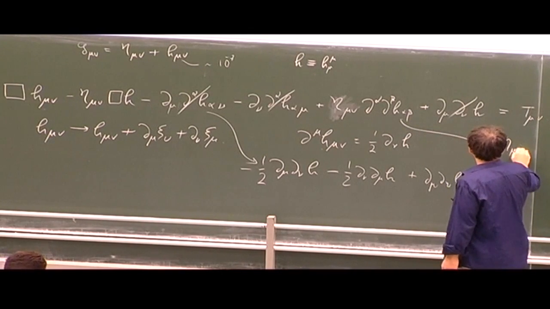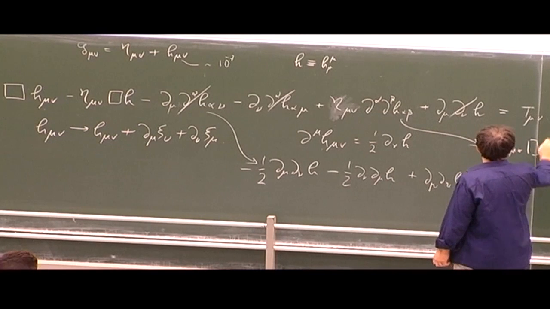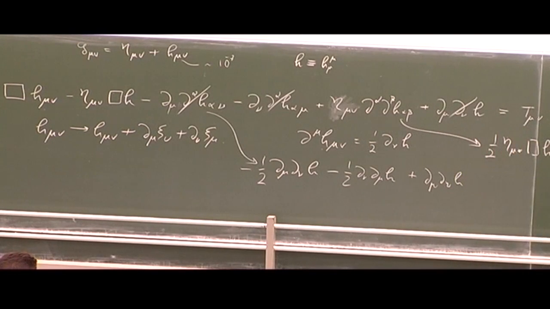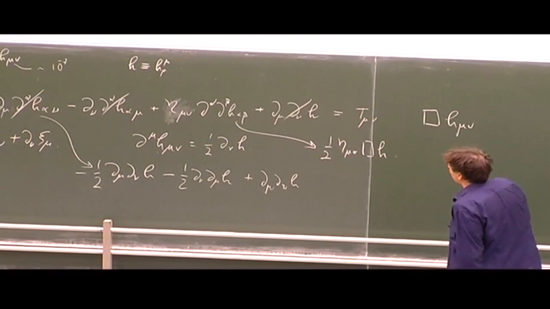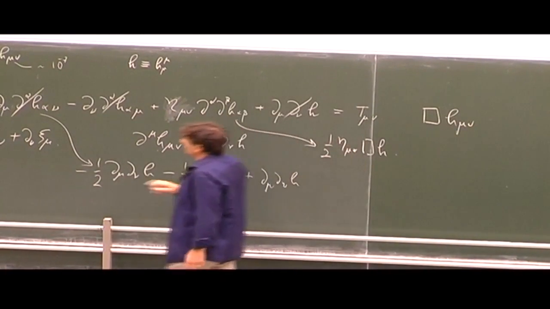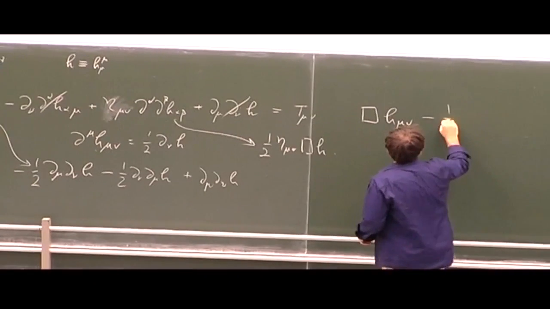Okay, now we can rewrite it in a little bit better form. I have 1/2 here, minus one there, so minus 1/2.